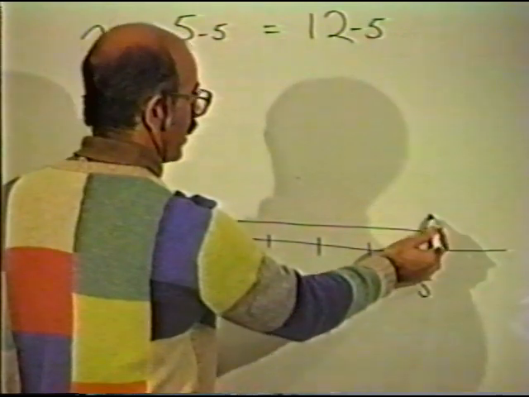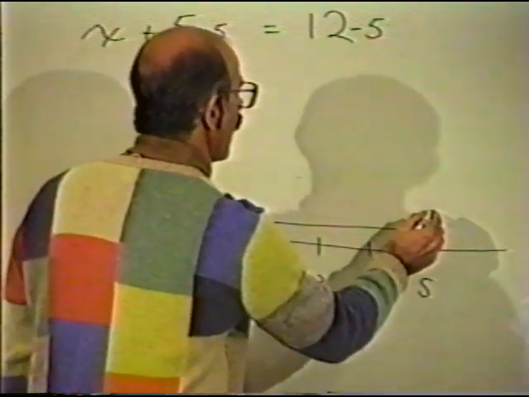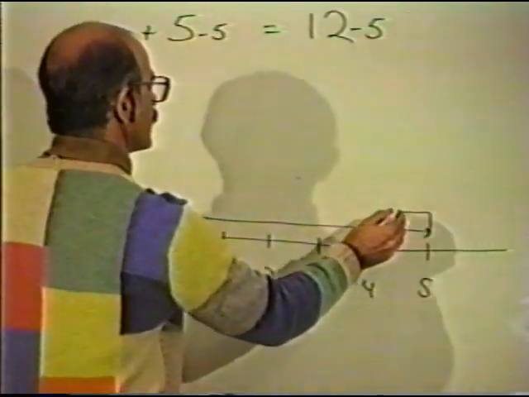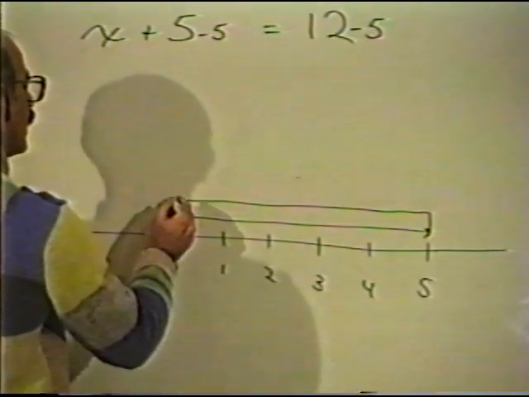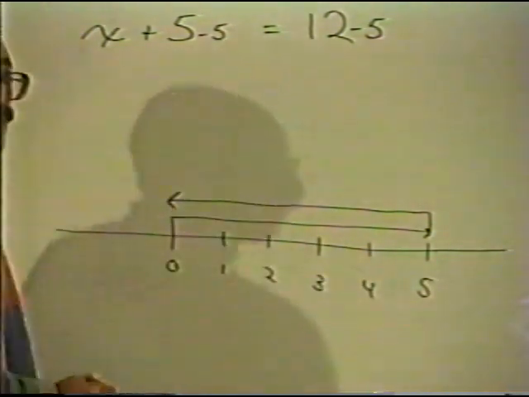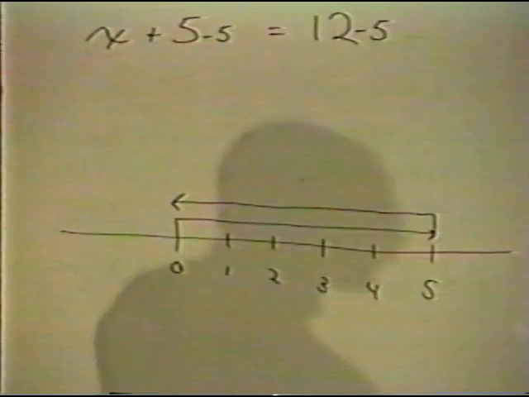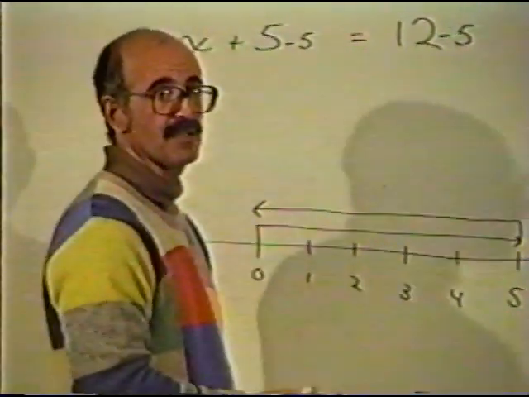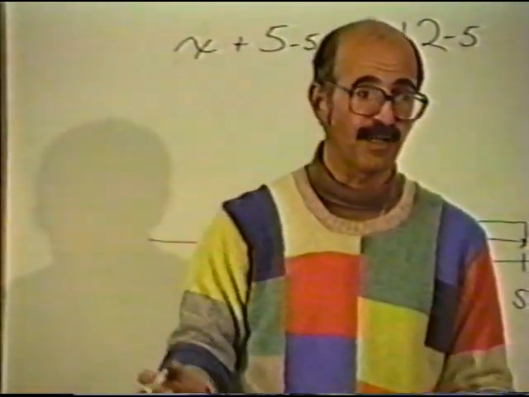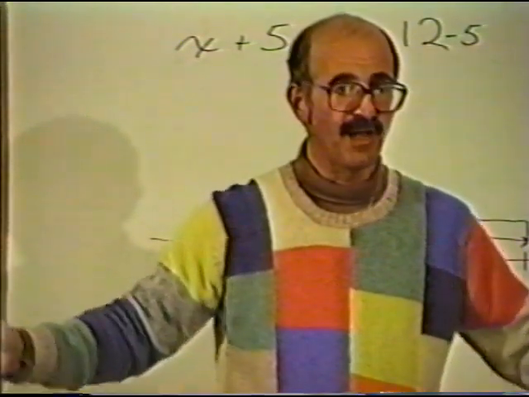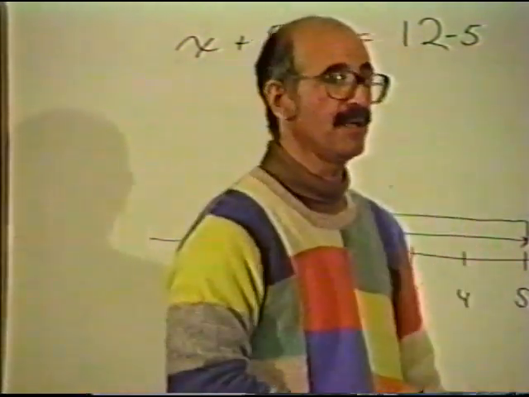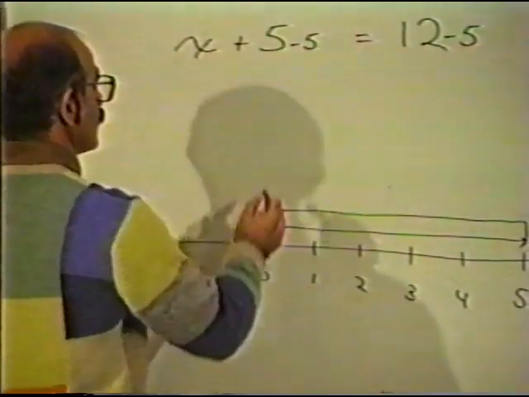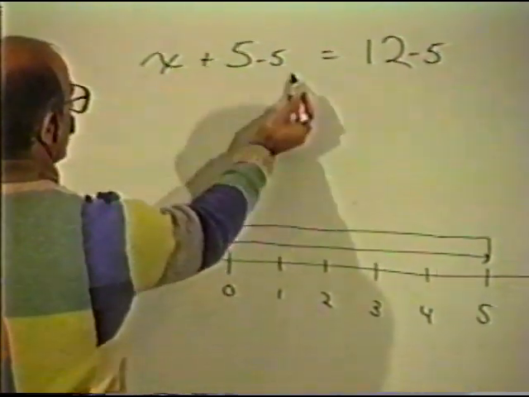And from there, we're going to have our minus 5. That sends us back here. And where did we wind up? 0. We wound up at 0, and that shows us that plus 5 and minus 5 put together become 0. So we don't really have them anymore.